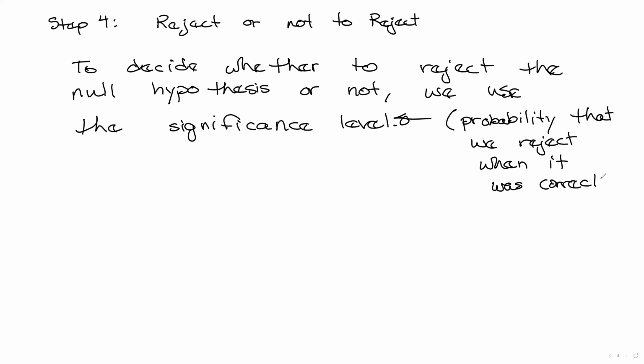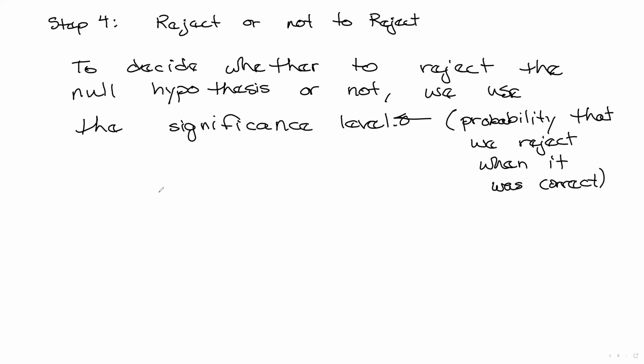So that's just the definition. The definition of the significance level is that we go through and we reject the null hypothesis when it is correct.